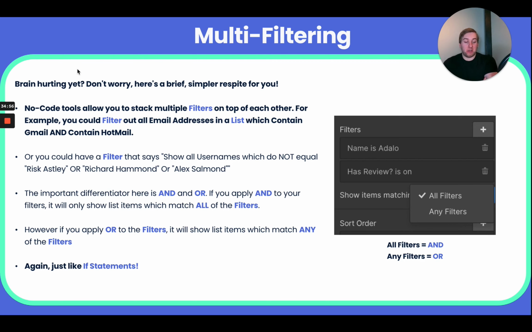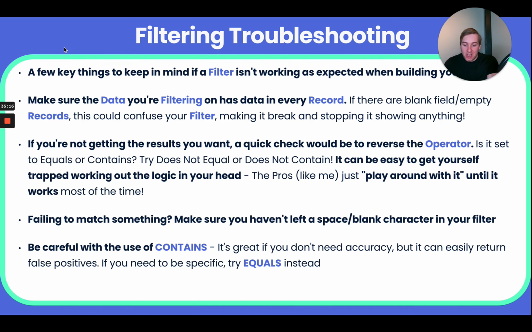Webflow has renamed them to all filters and any filters, but that's the same equivalent as saying here name is Adalo and has review is on, or saying any filters, the name is Adalo or has review is switched on. It's exactly the same as if statements, really simple, certainly a lot simpler than the previous couple of slides.